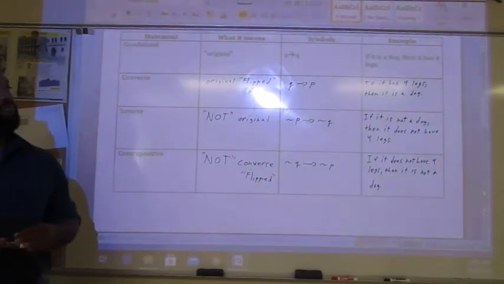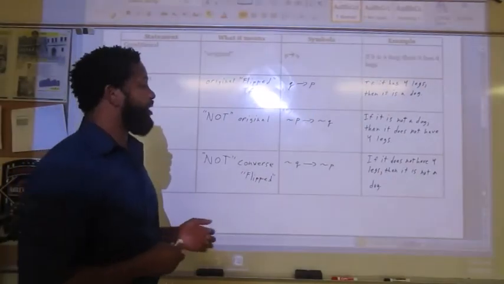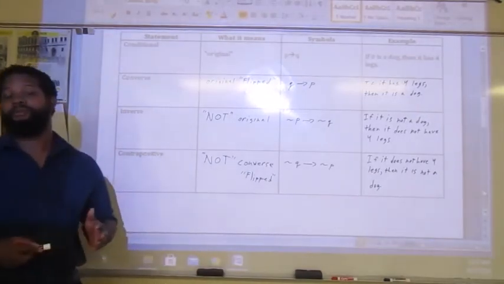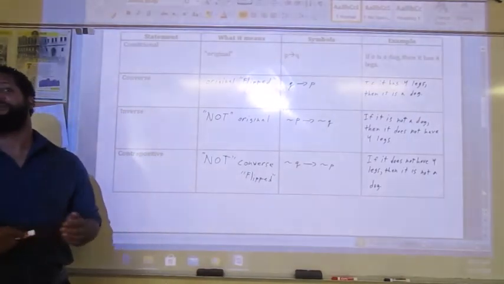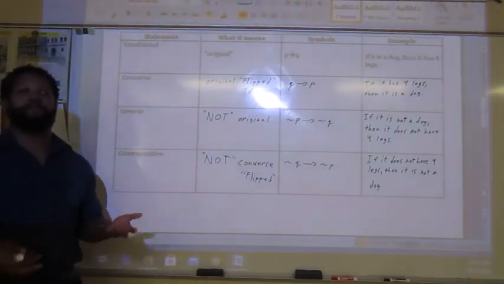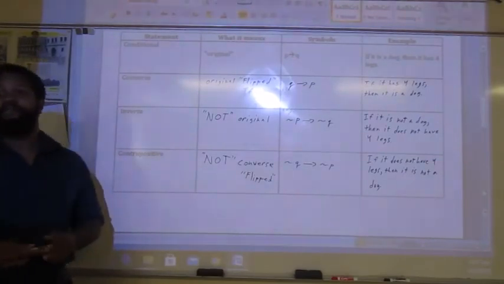I accidentally did it. The first and last are true. Anybody who thinks this might be true? If it doesn't have 4 legs, then it's not a dog. That is true because dogs are known for having 4 legs. They're supposed to have.